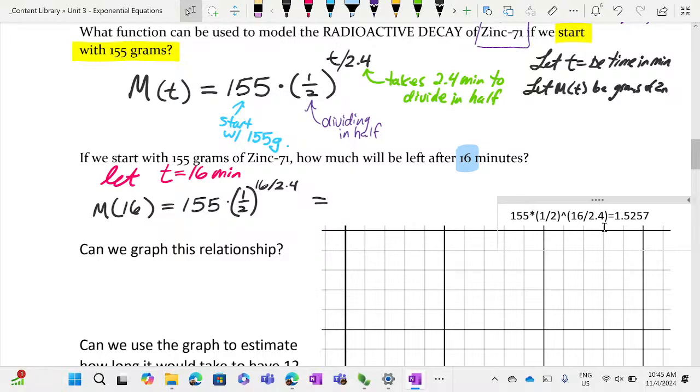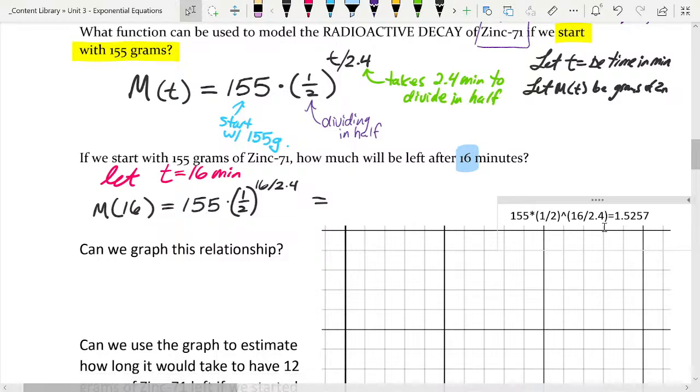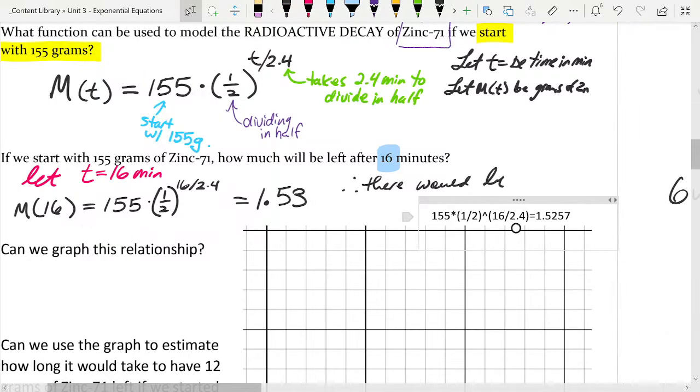As a rule, unless I tell you otherwise, how many decimals should we keep? 2 in the final answer, so we'll call this 1.53. Note, never round until the final answer. There would be 1.53 grams remaining.